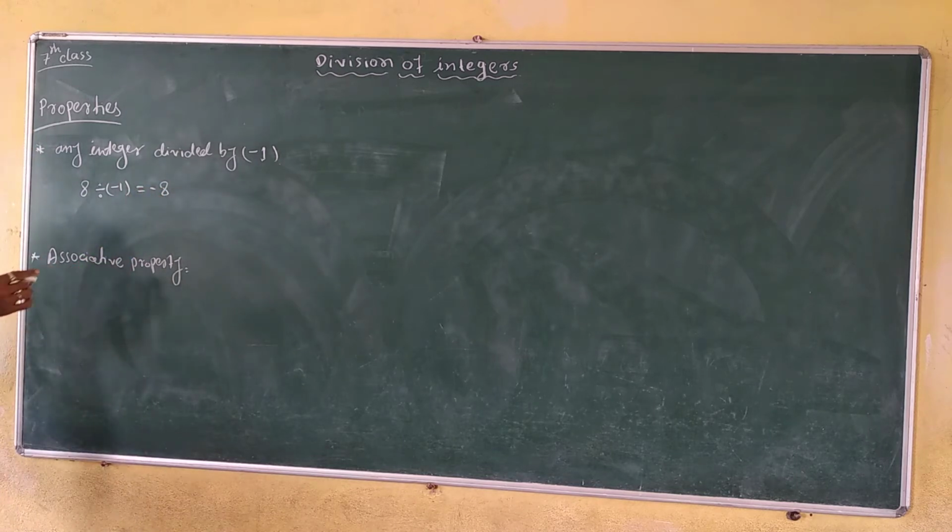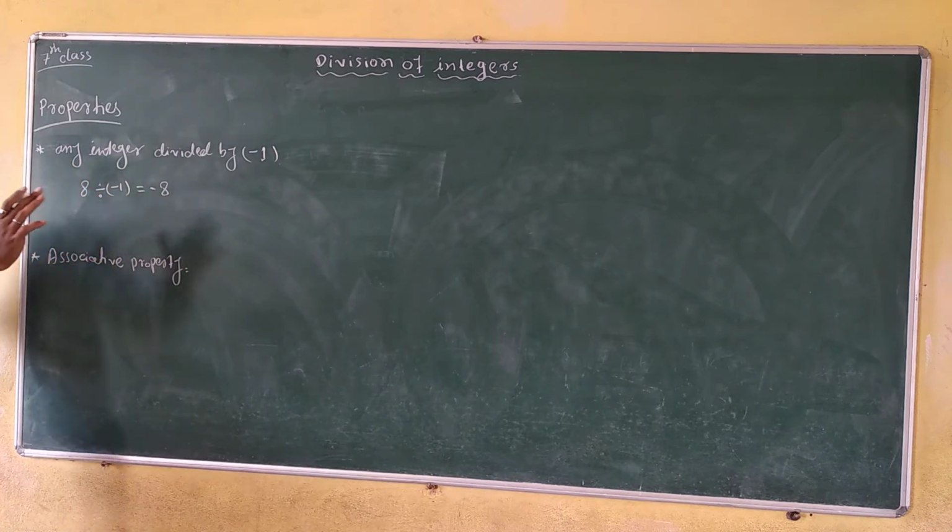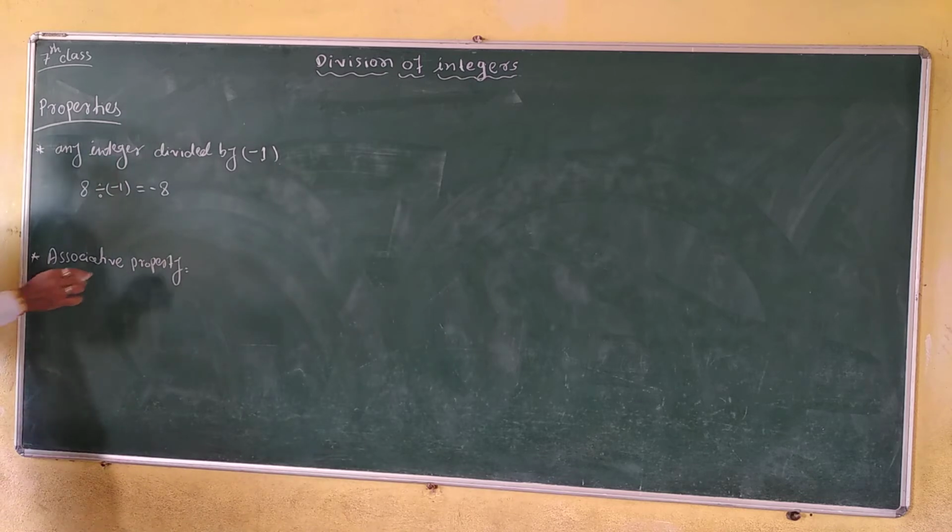So see here, our integer is plus 8 and our answer is minus 8. So we can say that if any integer is divided by minus 1, it does not give the same integer. Is it right?